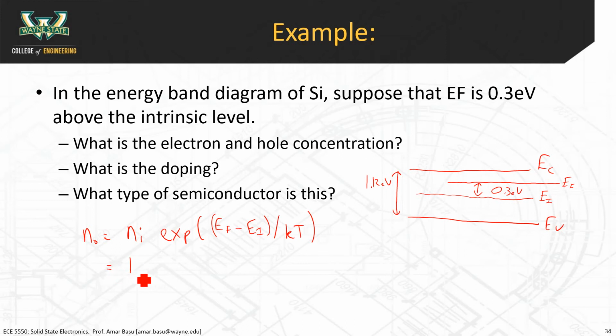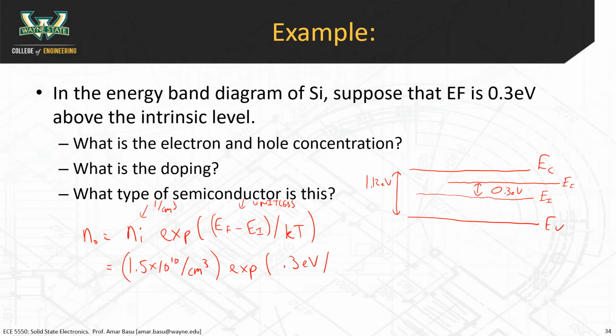So ni is equal to 1.5 times 10 to the 10 per centimeter cubed. Remember, the units for this is 1 over centimeter cubed, and the units for this is unitless. It has no units. So the exponential turns out to be, we have 0.3 electron volts.